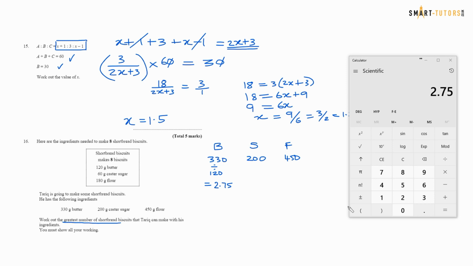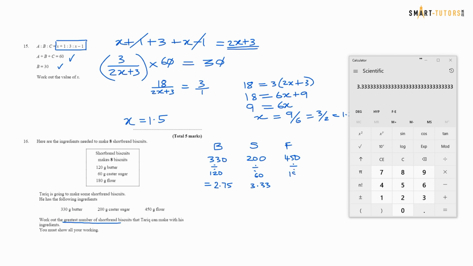And the next one, 200 gram sugar, but here the sugar in the recipe is 60. So 200 divided by 60 gives 3.33, and it's recurring. We don't need to worry about that now.